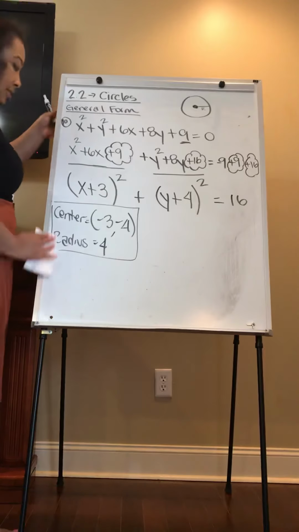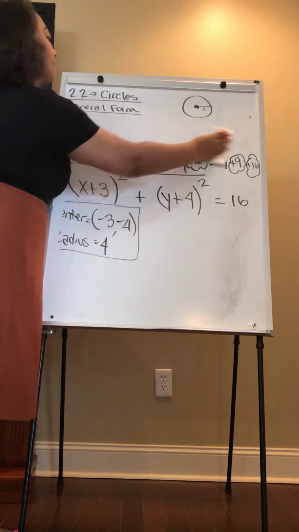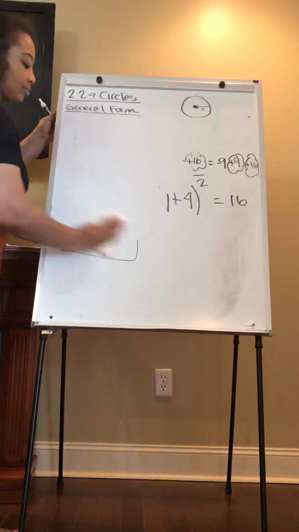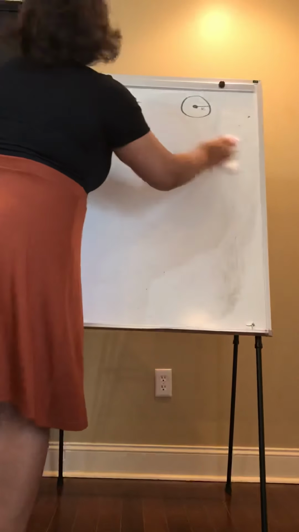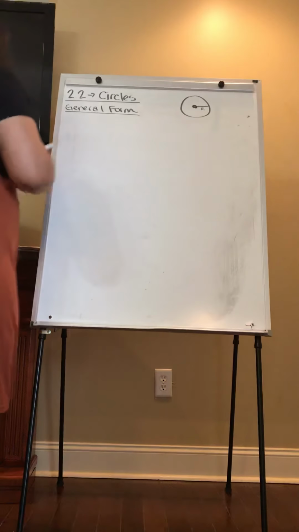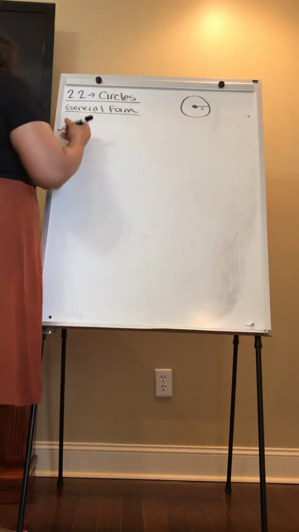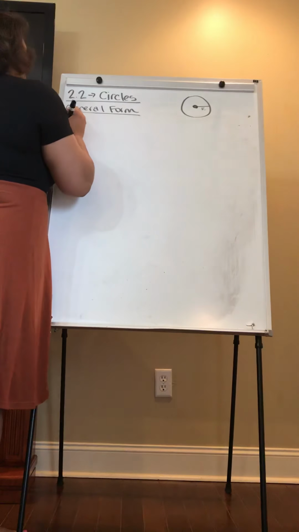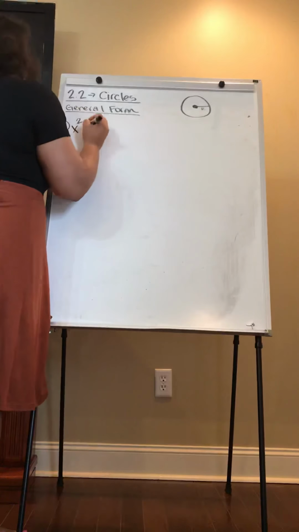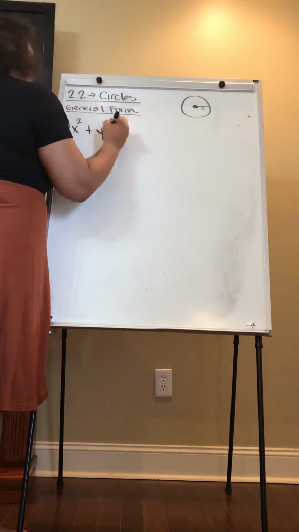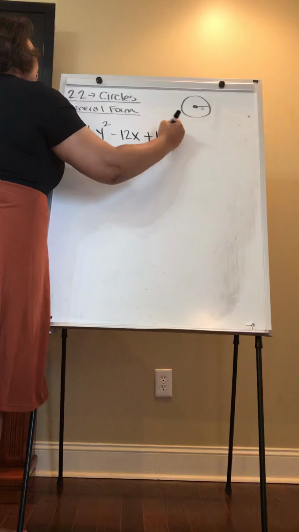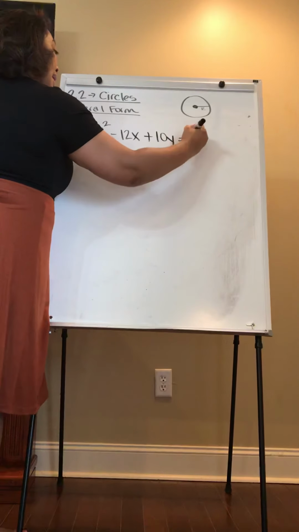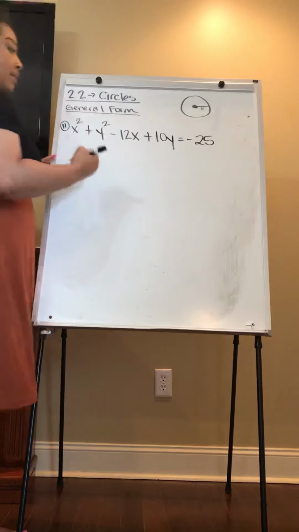Okay, let's look at another example. What if we were to do x squared plus y squared minus 12x plus 10y equals negative 25.